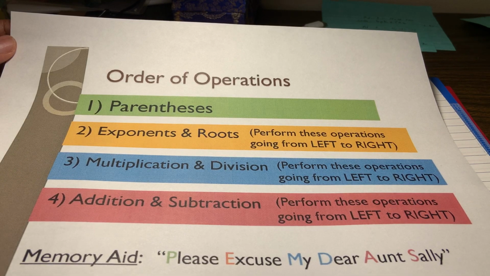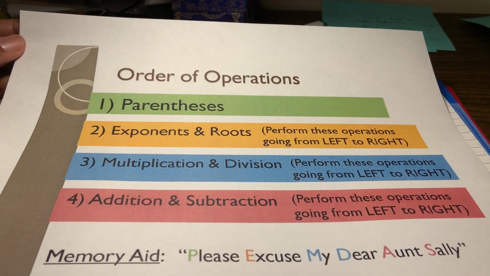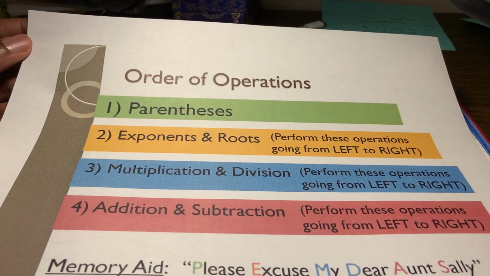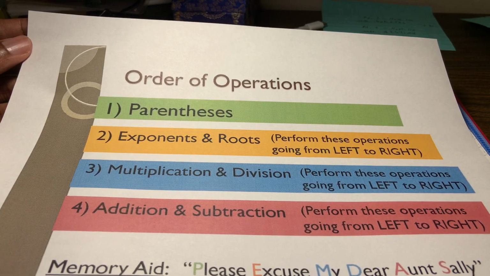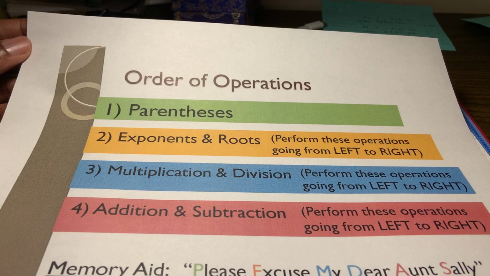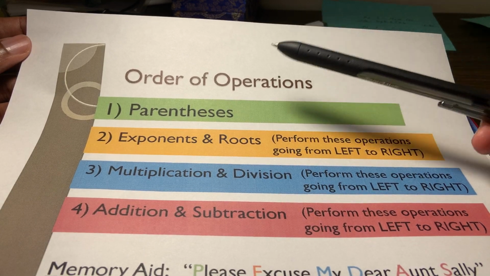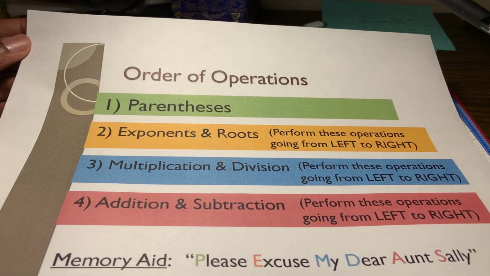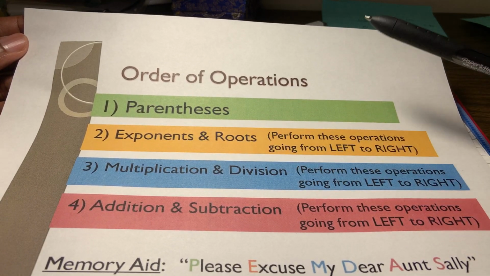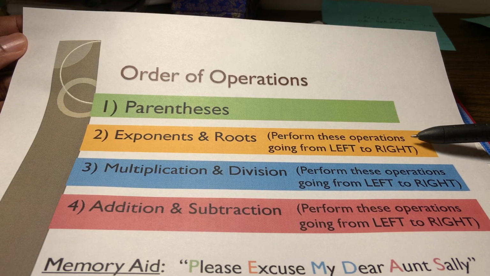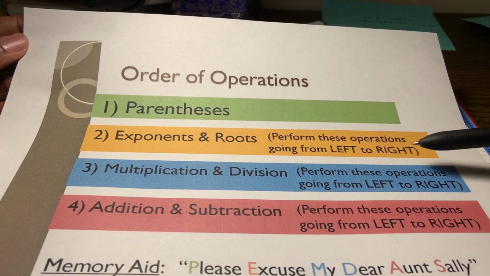Here are the steps for order of operations. Step one, parentheses, okay, which means evaluate all expressions within parentheses first. Very important. Step two, exponents and roots. Perform these operations going from left to right.